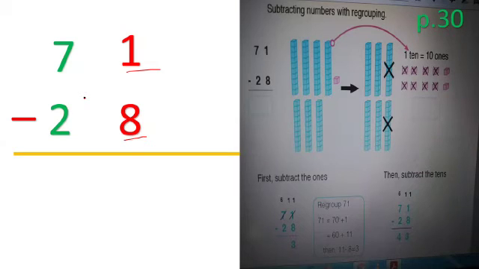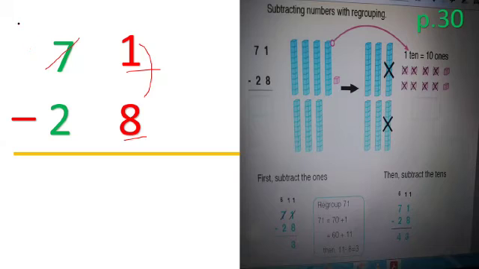Subtract the ones. We have here 8, we have 1. 1 is less than 8. We cannot subtract 8 from 1. So we regroup the 7 tens to 6 tens plus 10 ones.